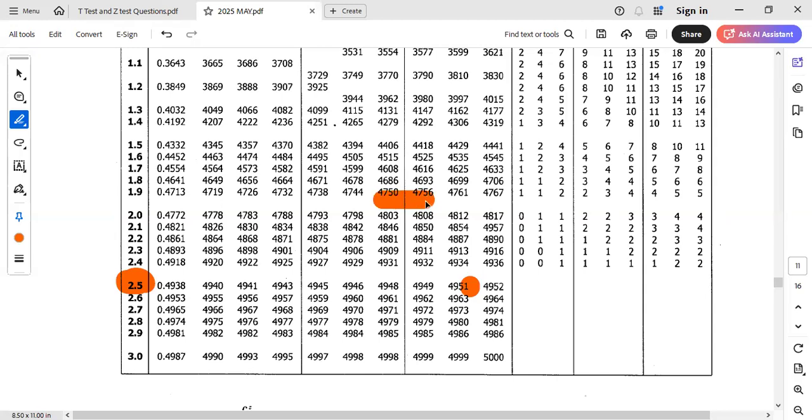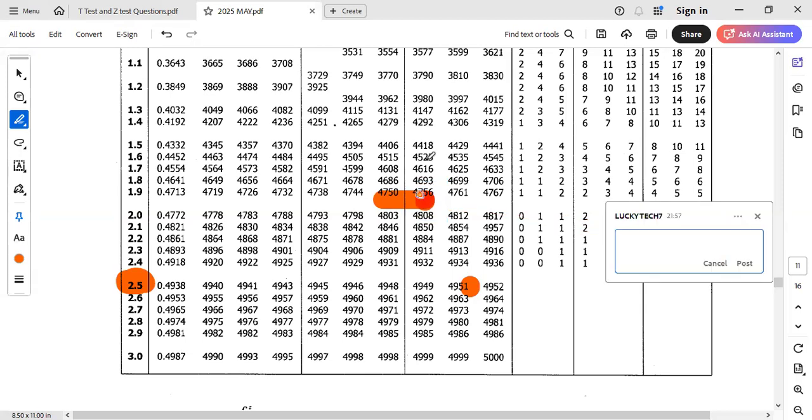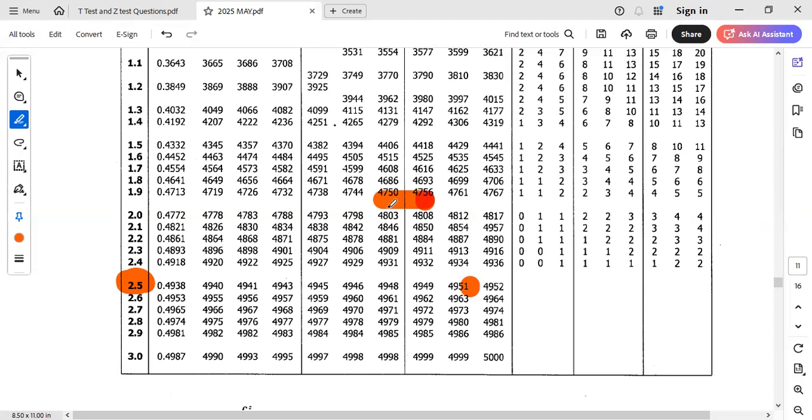You need to be very fast, because if you just keep on rotating the table in an exam, you waste time. Actually it is there, direct. It is here.